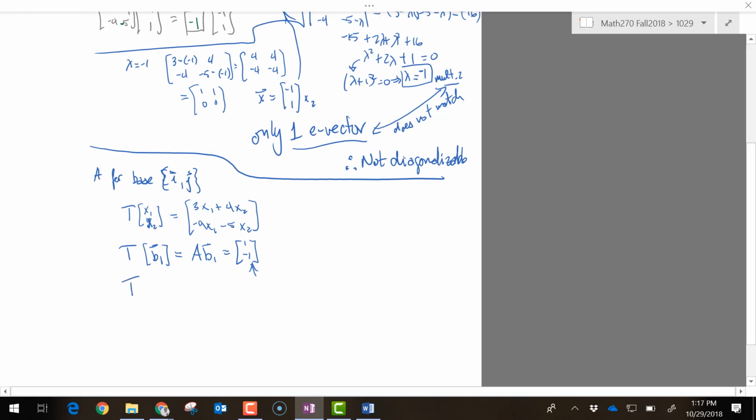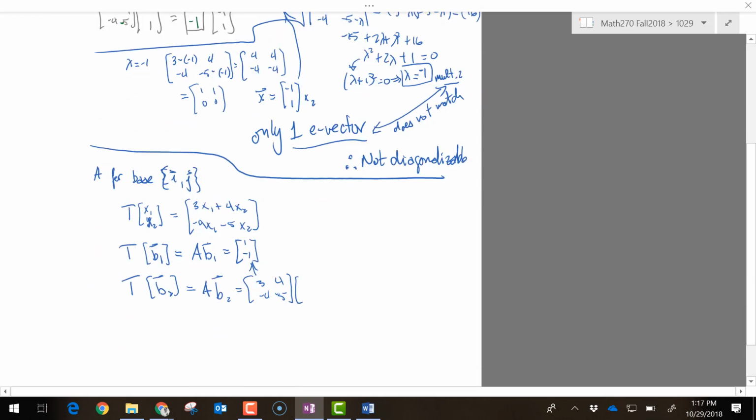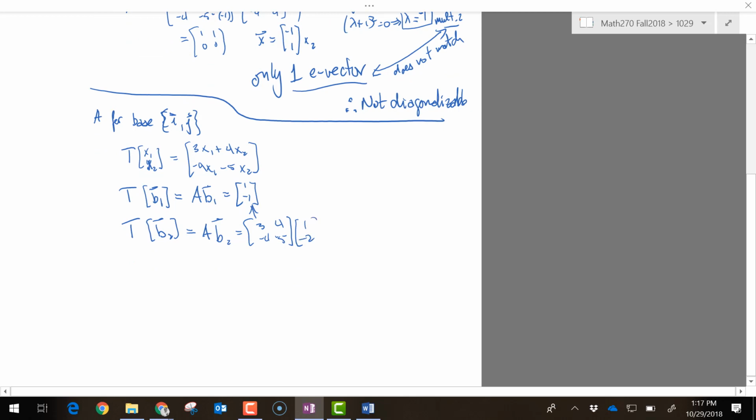Then we just need to figure out T of b2, which is A of b2, which is 3, 4, -4, -5 times b2. And what was b2? 1, -2. So this is going to be 3 minus 8, which is -5, and -4 plus 10, which is +6.